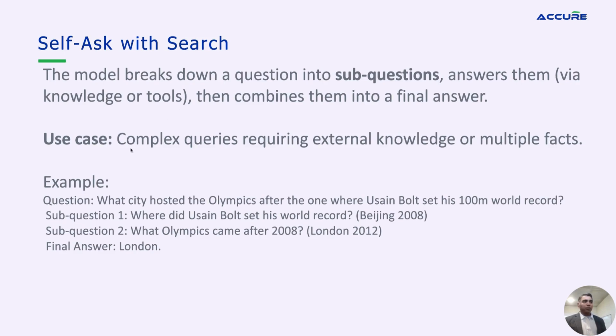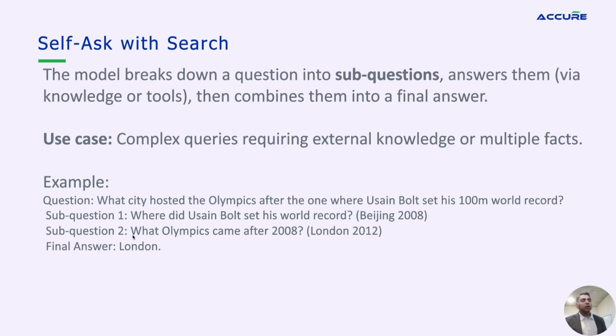For example, what city hosted the Olympics after the one where Usain Bolt set his 100-meter world record? If that's my question, then sub question number one is, where did Usain Bolt set his world record? The answer probably would be Beijing.